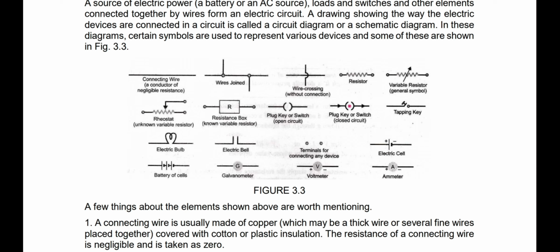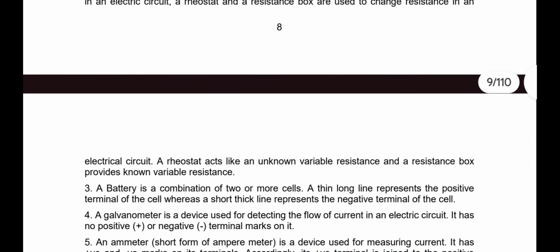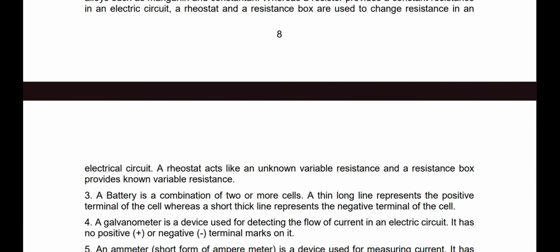A rheostat and a resistance box are used to change resistance in an electric circuit. A resistor may be considered a fixed value of resistance, while the rheostat and variable resistance box provide a flexible or variable value of electrical resistance to the circuit.